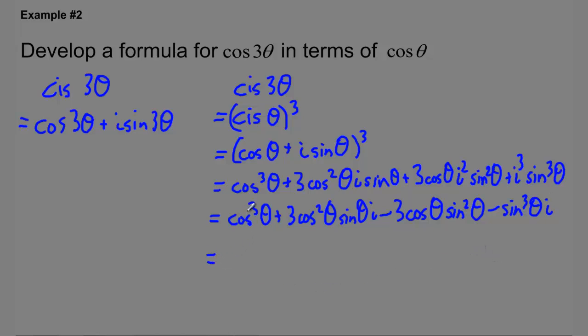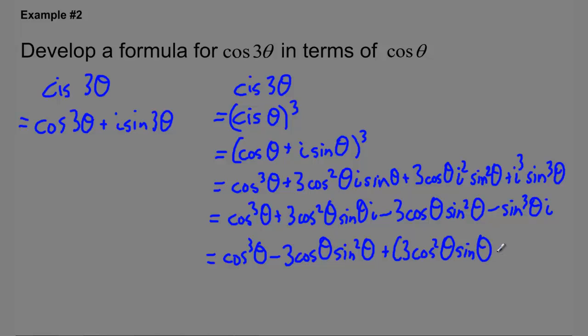Bringing terms together, the real parts give us cosine cubed theta minus 3 cosine theta sine squared theta. And the imaginary, if we pull out an i from these two, we would have a plus 3 cosine squared theta sine theta minus a sine cubed theta, times i.